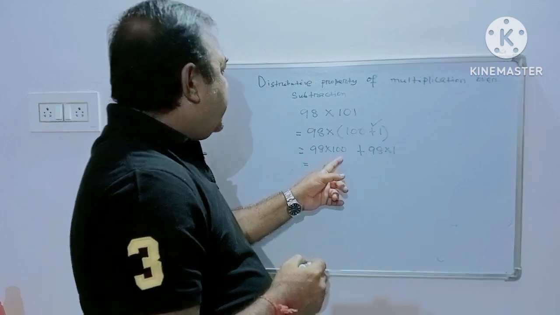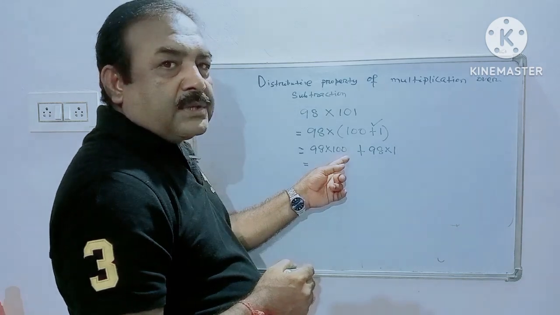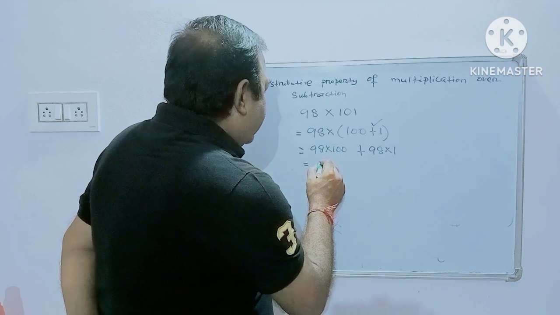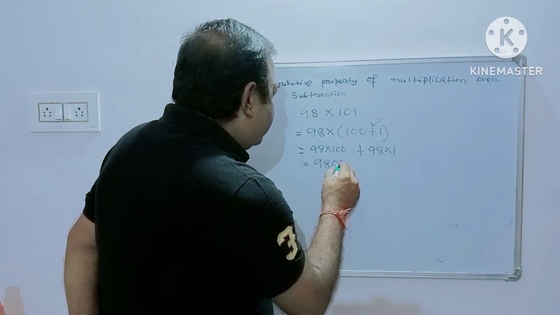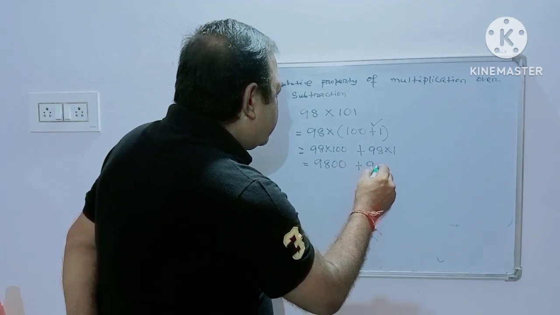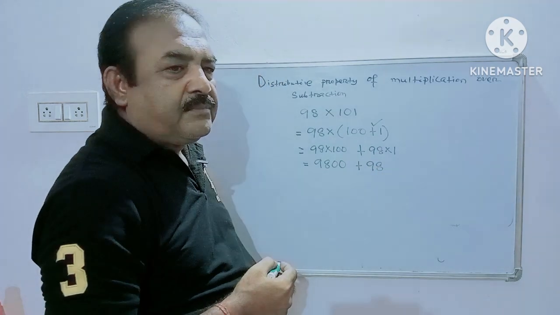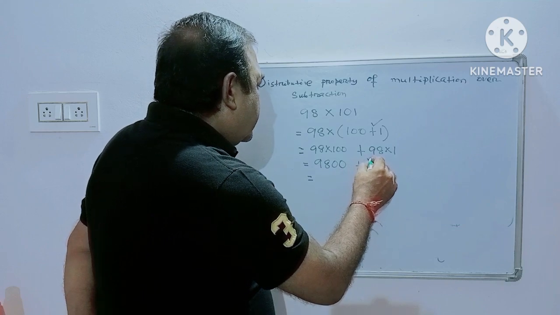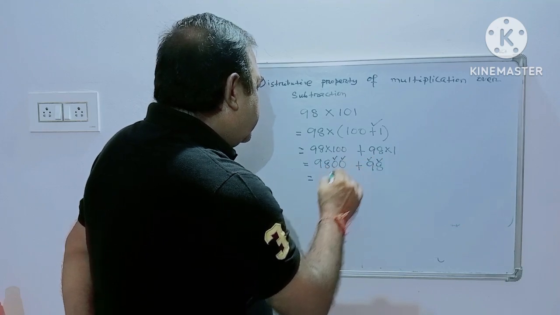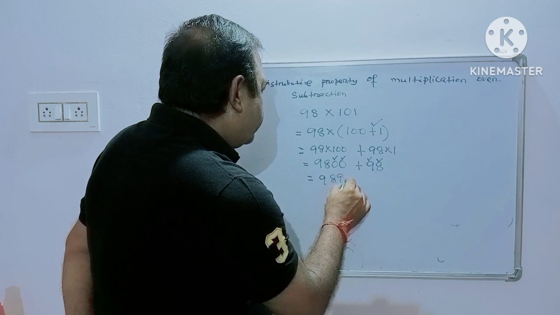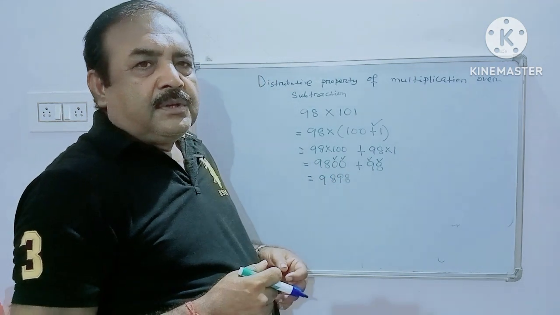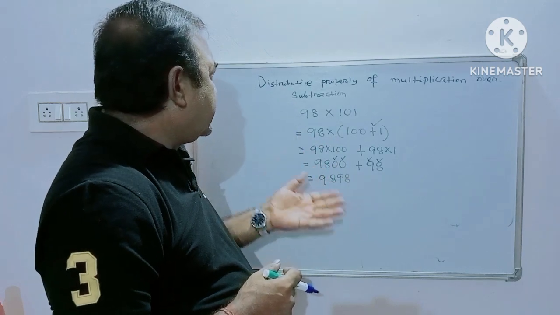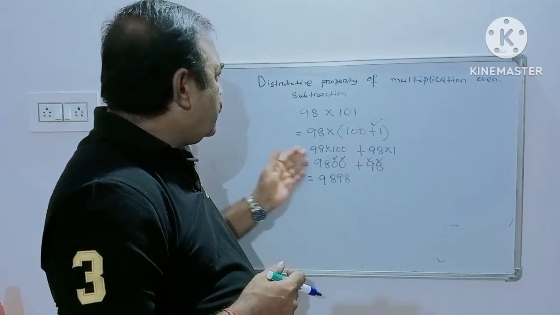And just to multiply, how many zeros are there with 1? Towards the right you see there are 2 zeros. So you write plus 98. Then you add it. Here are the 2 digits, 0 0. So without doing the complicated multiplication, easily using the rule, we could solve it.